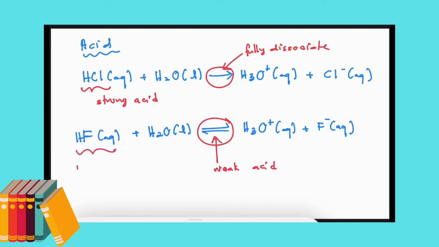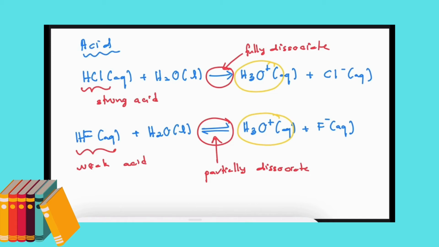So this is a weak acid. This one is partially dissociated. Both are acids because both produce a hydronium ion.